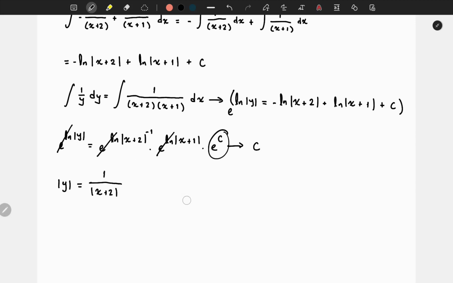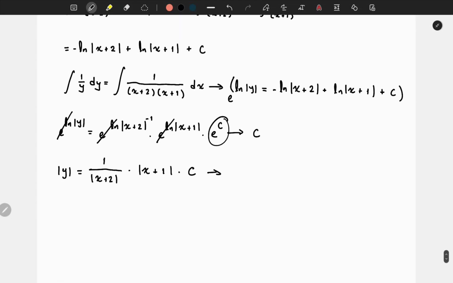And so that's why we have 1 times (x plus 2), and then times (x plus 1), and then times our constant C. So we can rewrite this, and let's add this x plus 1 to the numerator. And so that would give us the absolute value of y is equal to (x plus 1) over (x plus 2) times C.